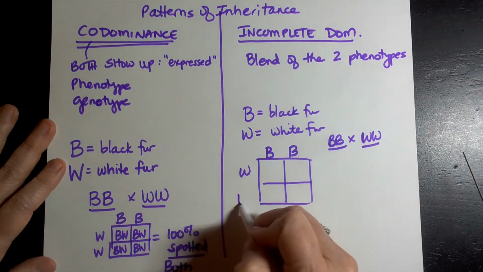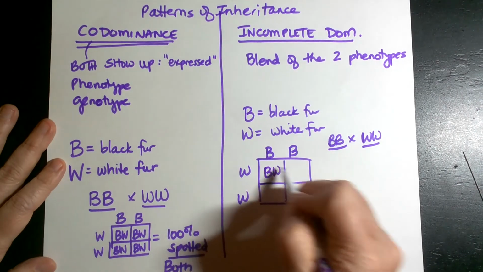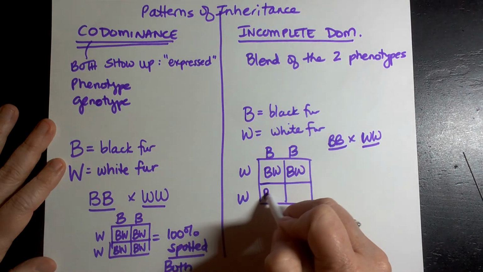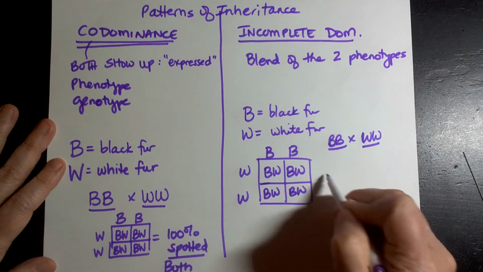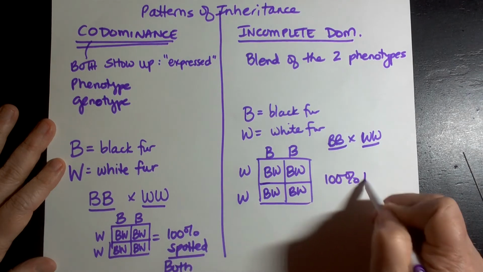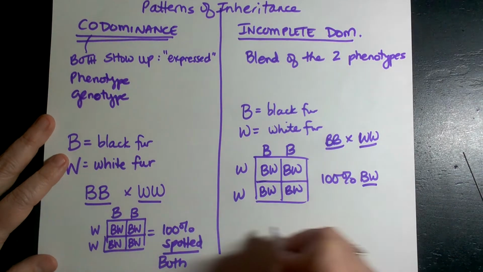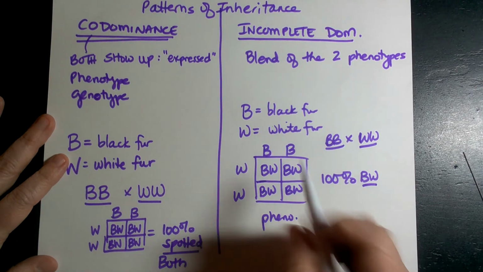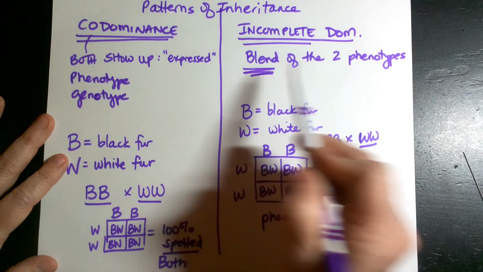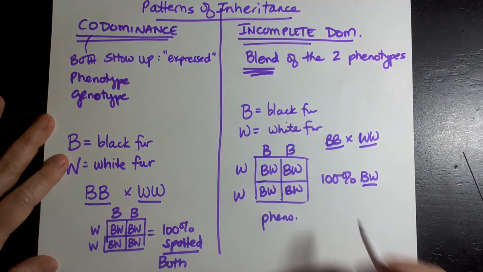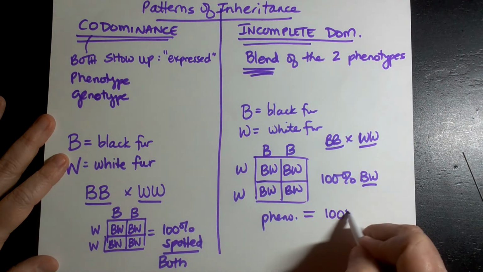The parent with the white alleles could only give white alleles. So then the offspring, every single one of them, are going to be 100% this. That's going to be their genotype. Their phenotype, in an incomplete blend pattern of inheritance, they're going to be 100% gray.